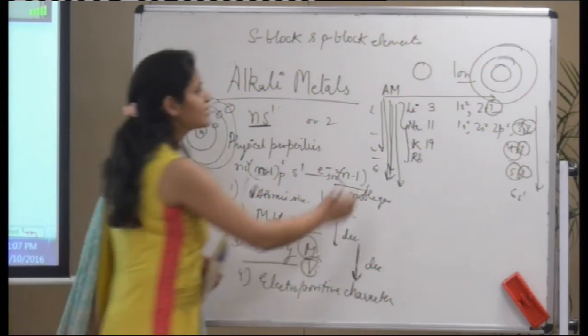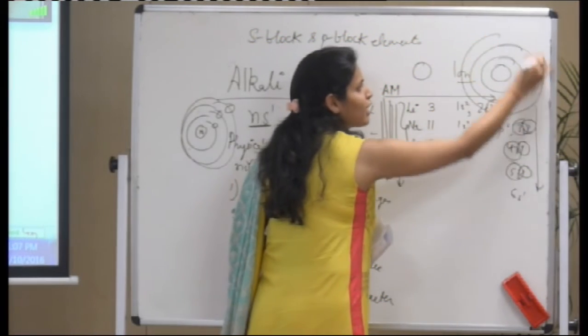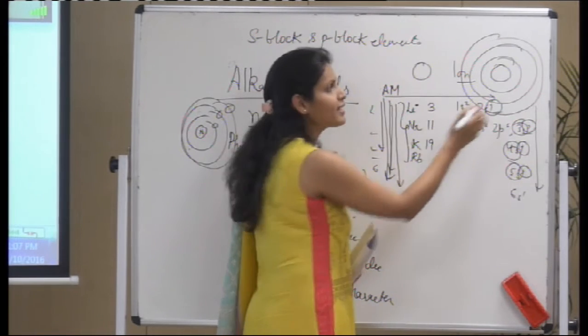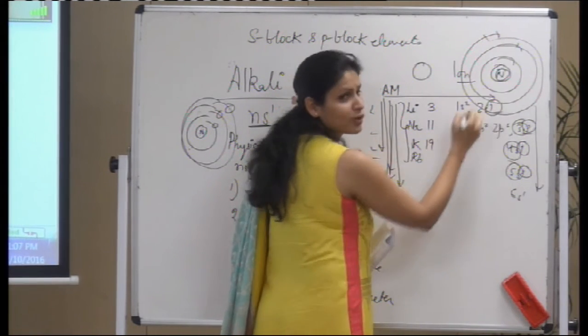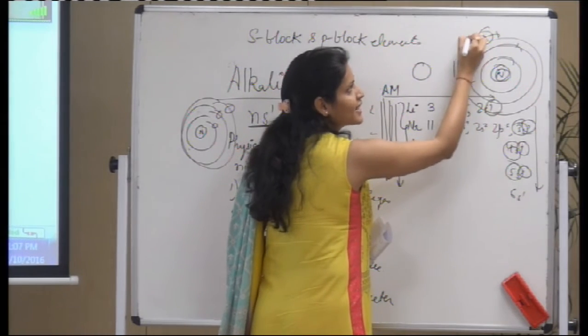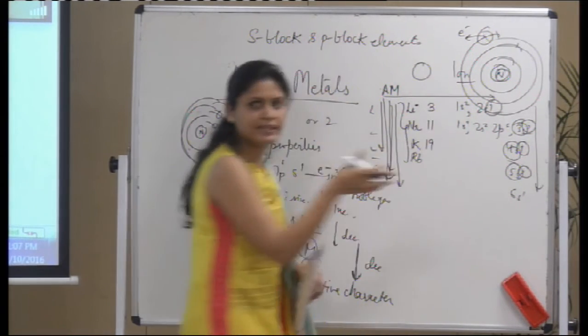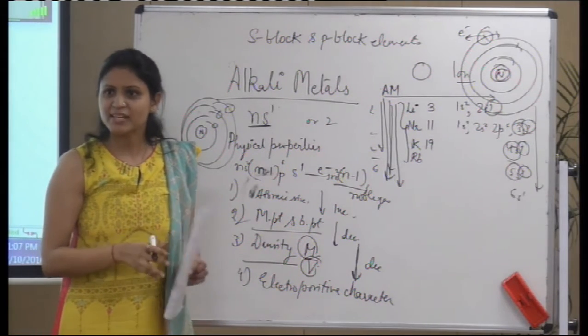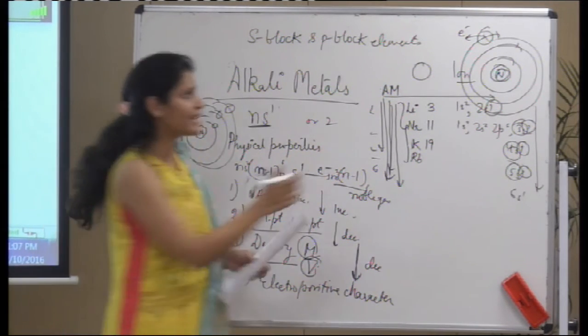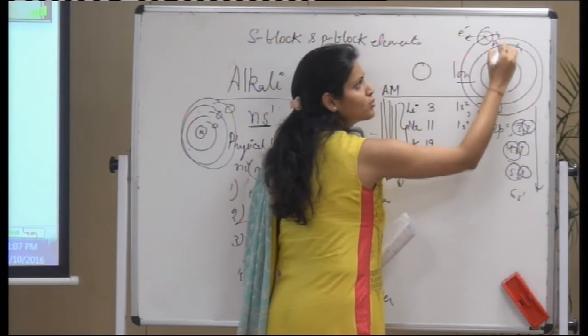Increase, because again down the group the number of shells are increasing and the attraction of the nucleus to this electron is decreasing, and hence this electron can easily take its way out of the atom, right? It can easily lose the electron, because it has reduced attraction to the nucleus.